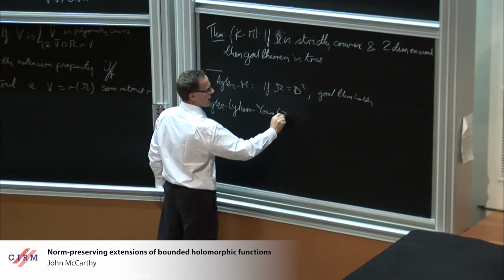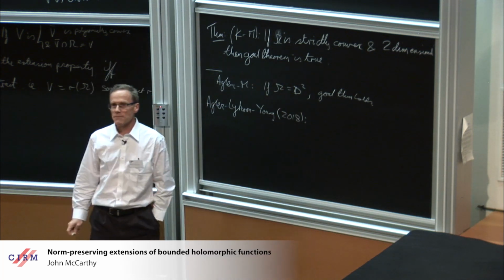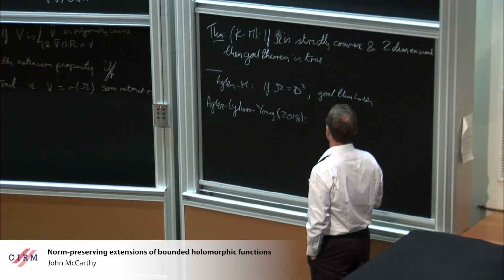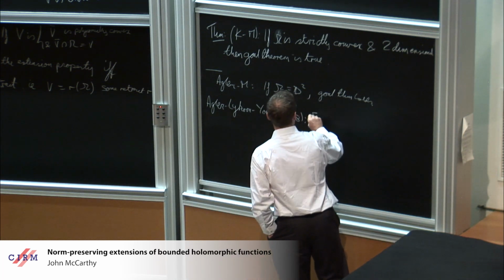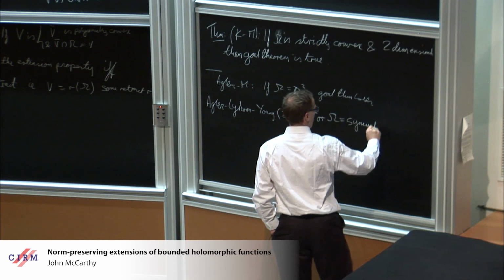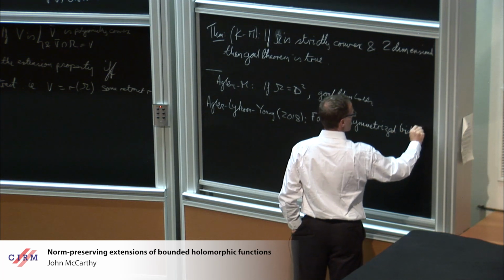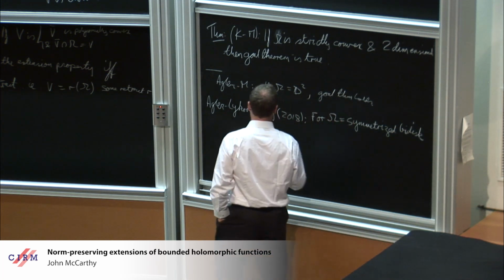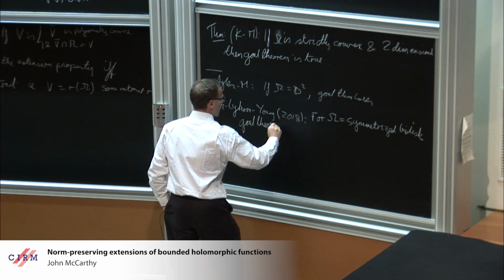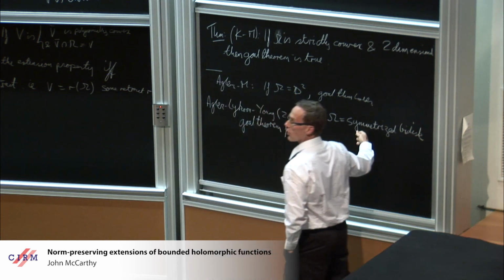I think it came out last year. And they showed that for the symmetrized bidisk, which is not convex, the goal theorem fails. There are sets with the extension property that are not retracts.